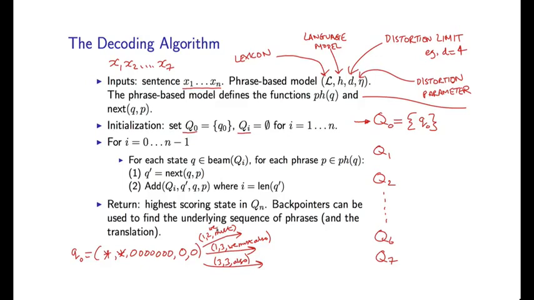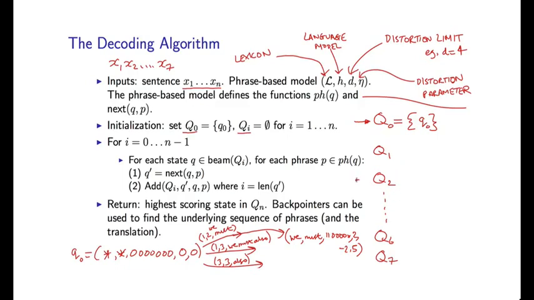For each one of these possible phrases, we calculate the next state, call this q prime, and then we add that state to the appropriate Q. So, for example, if we look at 1, 2, we must, we get the following state. We must, 1, 1, 5 zeros, 2, and then some score, minus 2.5. So this state is going to get added to one of these Qs. Which one does it get added to?